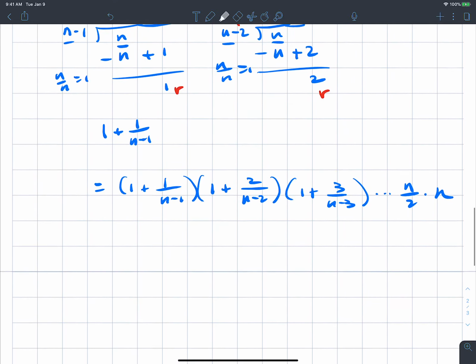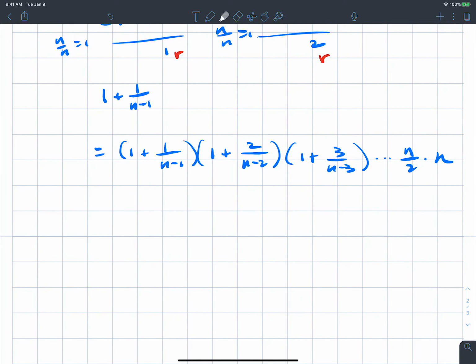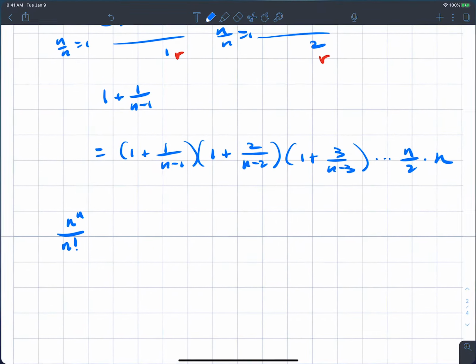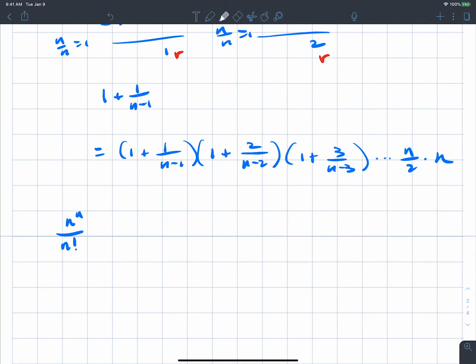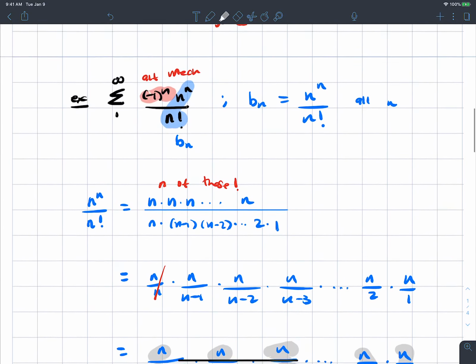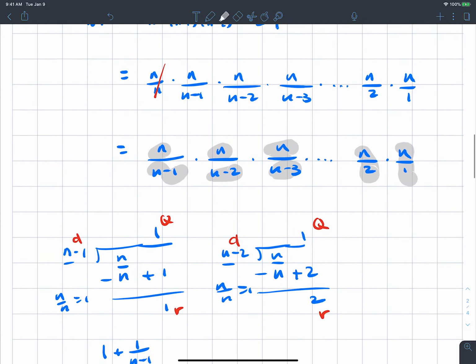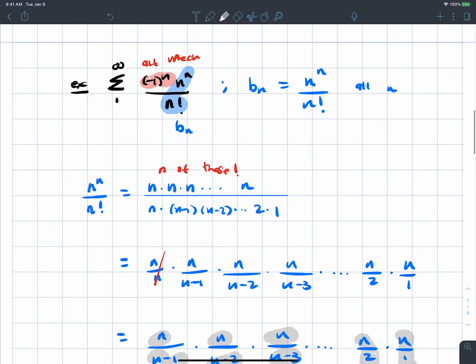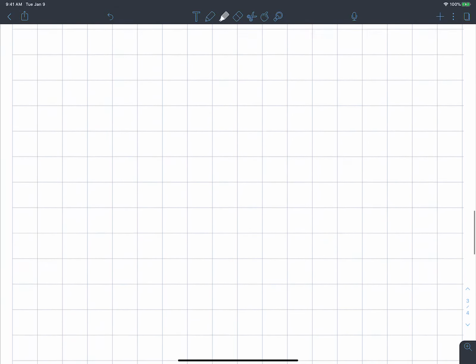So I'm looking at the details of this, and what starts to show here is a pattern. Remember what you're seeing here: on the left side, we have n to the n over n factorial, which is exactly what we just see here on the right. Every one of these terms is bigger than 1.